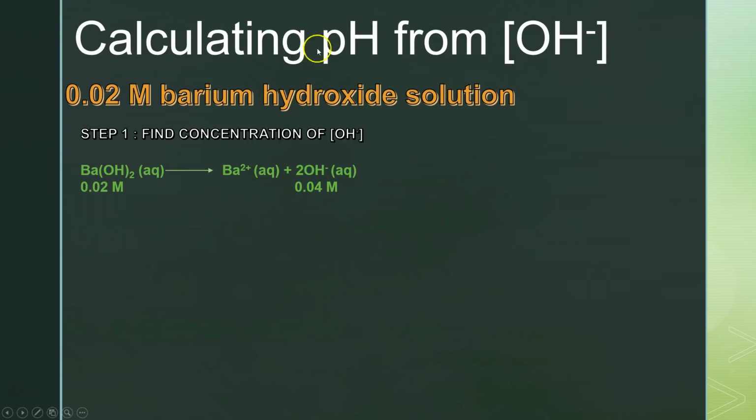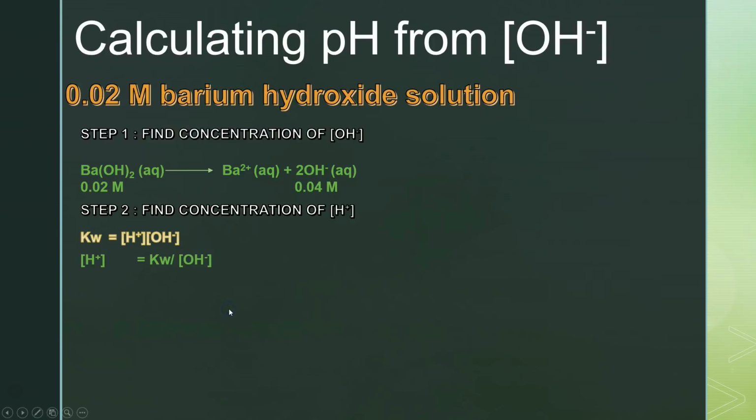Now, since you are still going to find the pH, you are required to find the concentration of hydrogen ion from this information given. How do you do that? Remember your water ionization constant. Water ionization constant is basically concentration of hydrogen ion multiplied by concentration of hydroxide ions. So you have to remember Kw is 10 to the power of negative 14. You rearrange this equation to something that looks like this, okay, because you want to find the concentration of hydrogen ion.